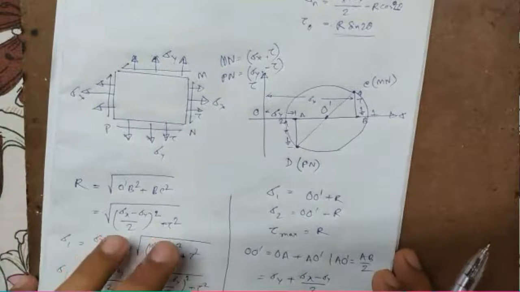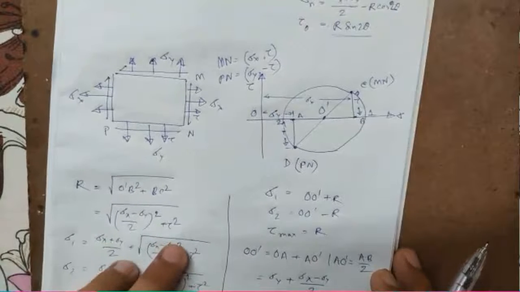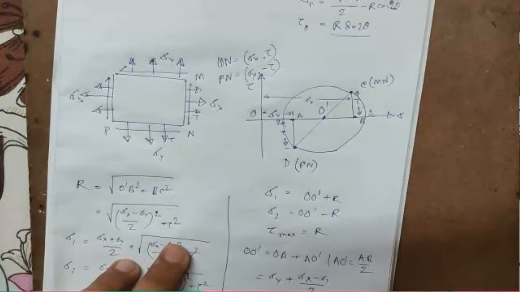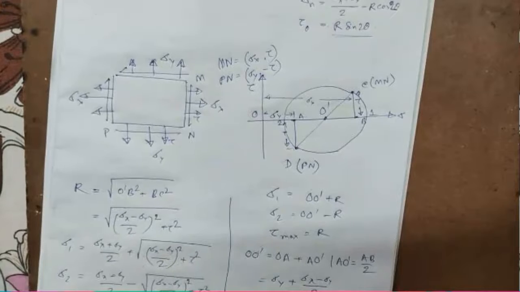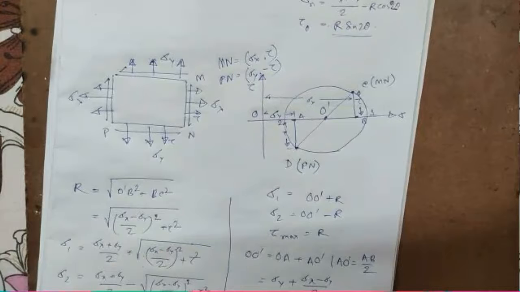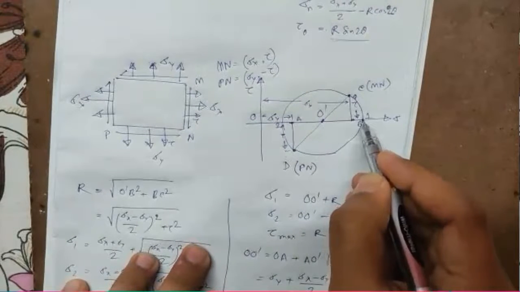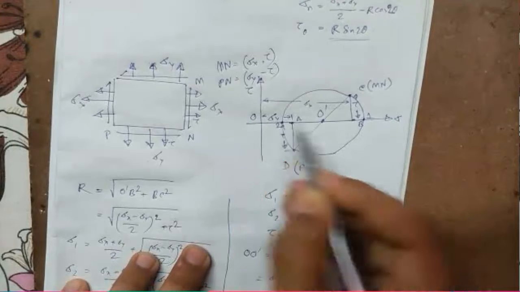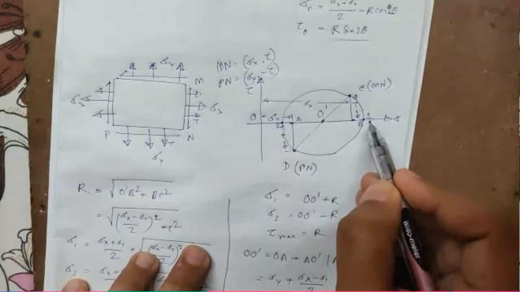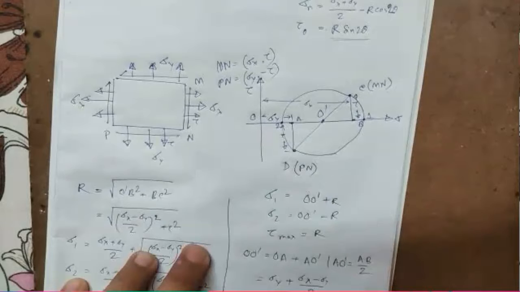The principal stress means the normal stress at a plane where shear stress is 0. To find principal stress we need to find principal plane, and to find principal plane we need to equate shear stress equal to 0. So on this circle shear stress is 0 at this point and at this point. We call this point as point 1, we call this point as point 2.